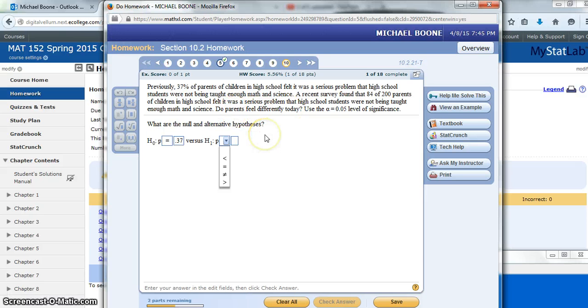So that doesn't say greater than or less than. That says not equal to. That's what different stands for. Is it different than 0.37? So these numbers, whatever you put in this, will also go here. This is what was believed in the past, 37%. And this will always be equals. This is the thing that's going to change. Is it greater than, less than, or not equal to that value, the 0.37?